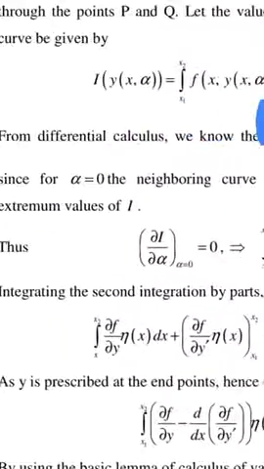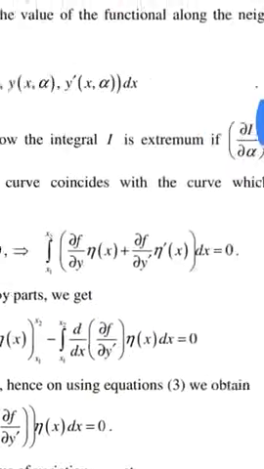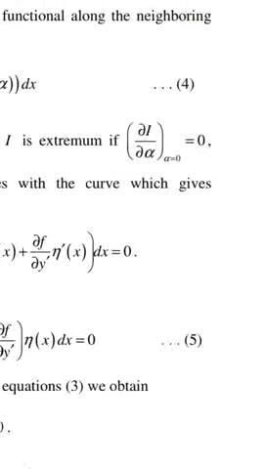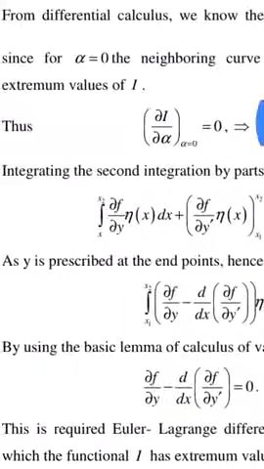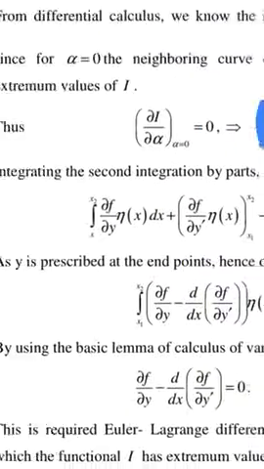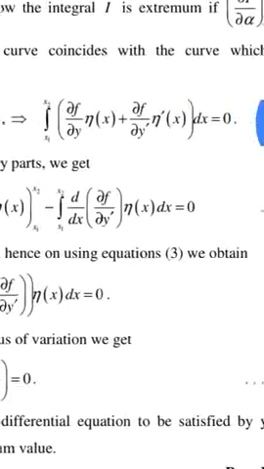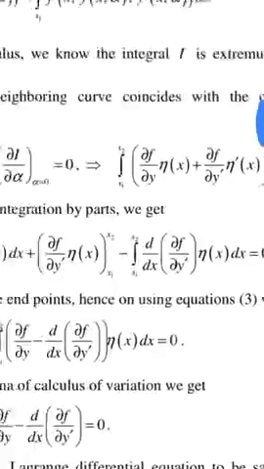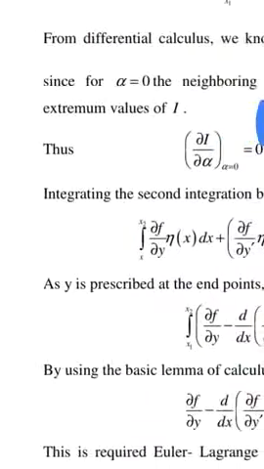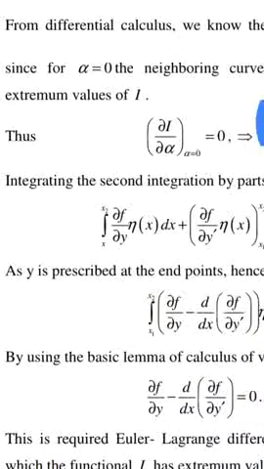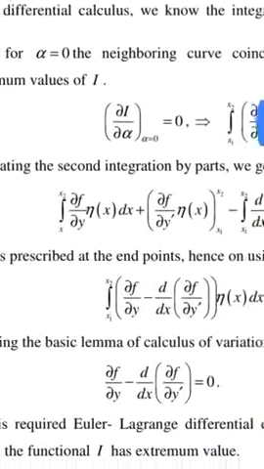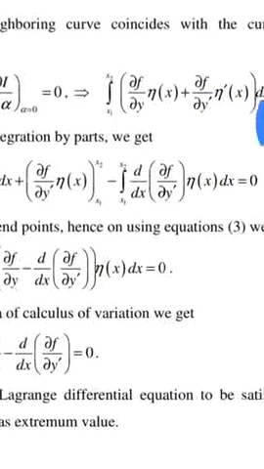From differential calculus, we know that I is extremum if del I by del alpha at alpha is equal to 0 is equal to 0, since for alpha equal to 0 the neighboring curve coincides with the curve which gives the extremum value of I. Thus, del I by del alpha at alpha is equal to 0 is equal to 0.